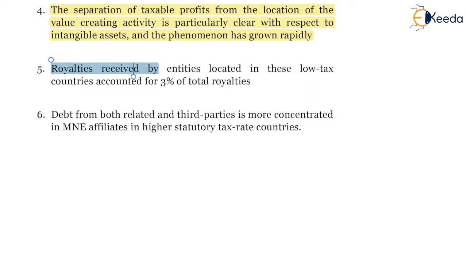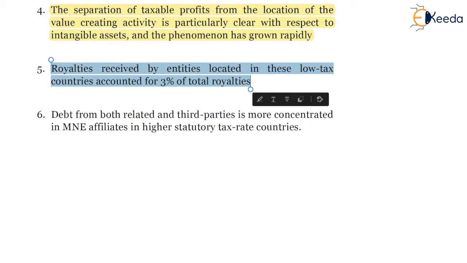Royalties received by entities located in these low tax countries accounted for 3% of total royalties. Not only the resident country or source country, however, the royalty income is being transferred, is being parked in the low tax countries.